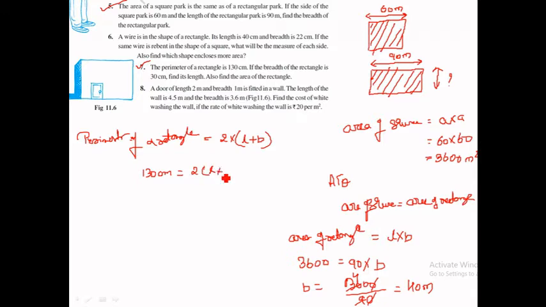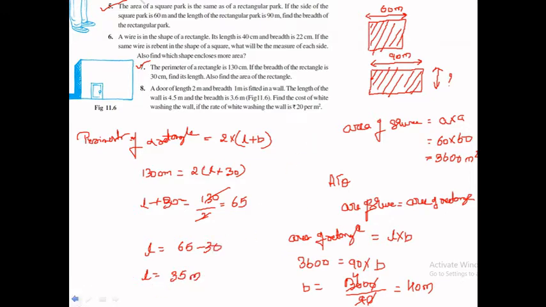Length we don't have, we have breadth. Now we can write length plus breadth, that is 30, that is equal to 130 divided by 2. This is nothing but 65. So length equals 65 minus 30, and length is equal to 35 centimeter.